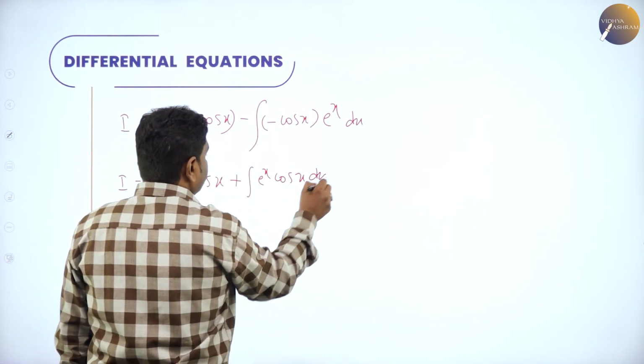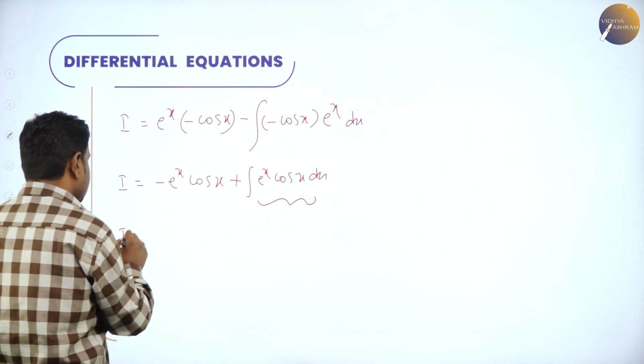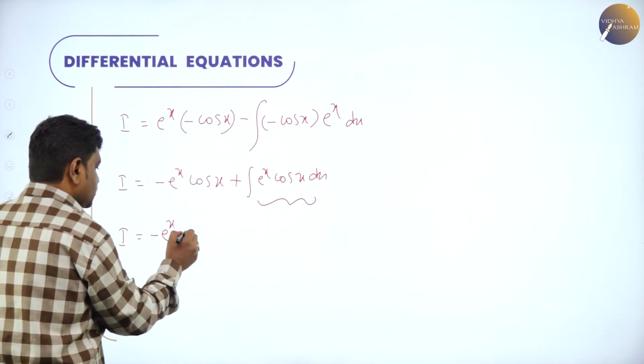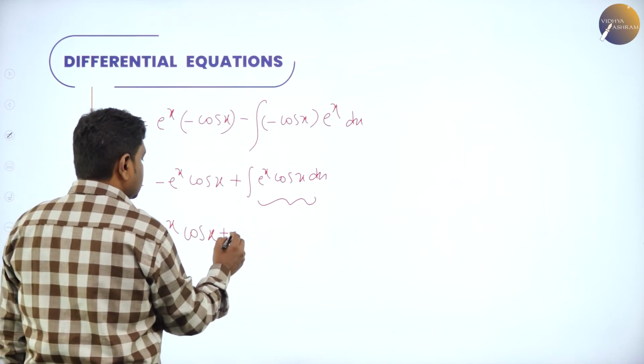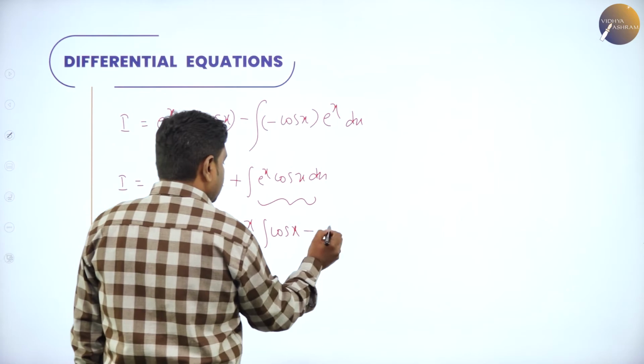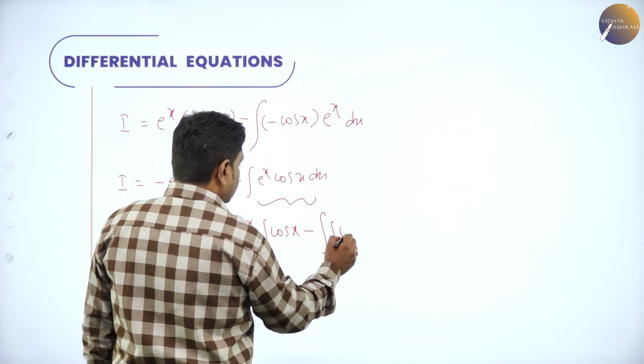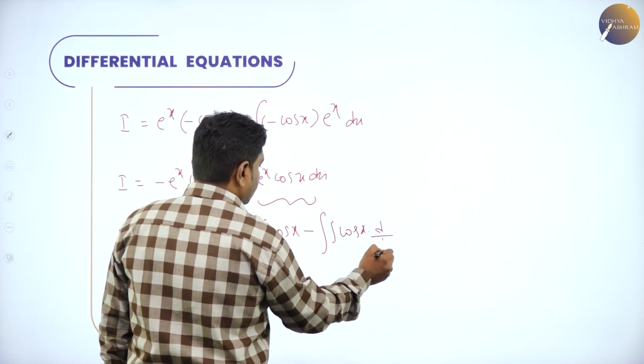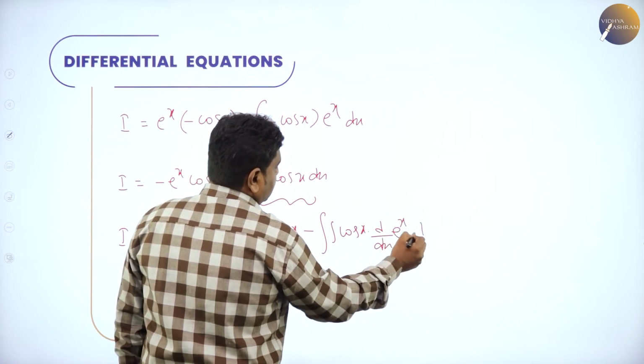Again you can use parts for this. Apply integration by parts. I is equal to minus e power x cos x plus e power x into integration of cos x, minus integration of cos x into derivative of e power x dx.